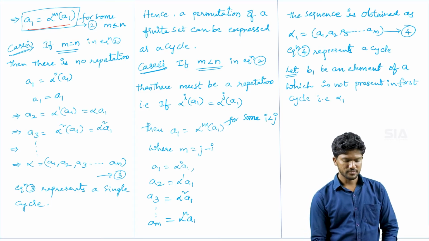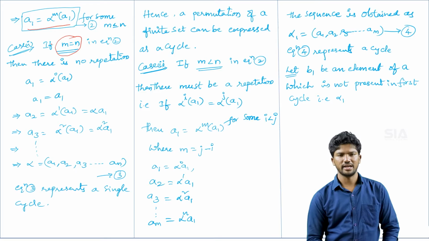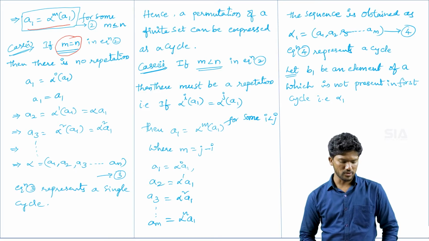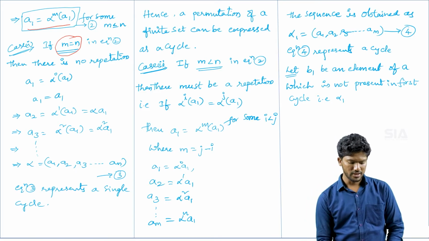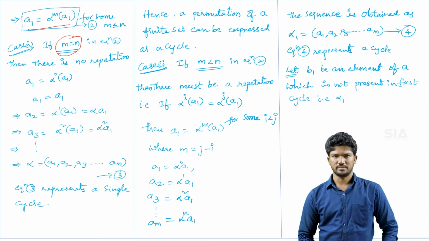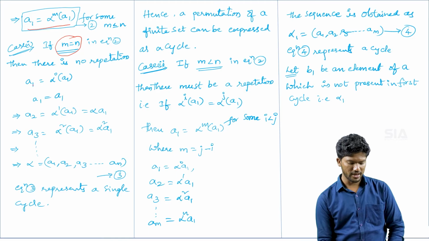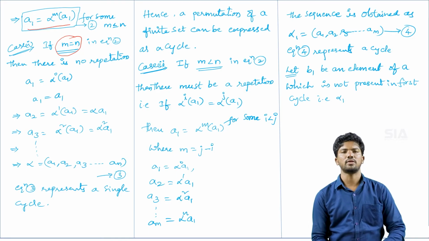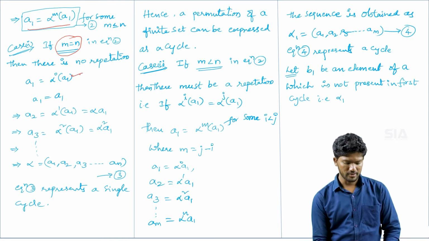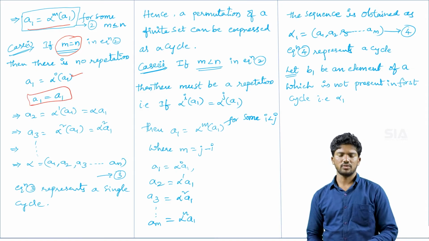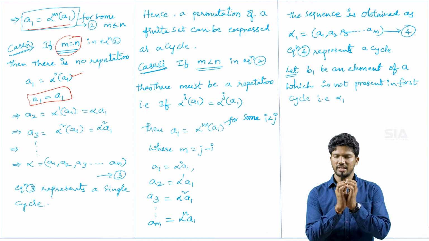Okay, case 1, if you take m is equal to n. Okay, if you take m is equal to n in equation number 2, then there is no repetition. That means m is equal to n means you can write A suffix 1 is equal to alpha power 0, A1. That is the first element. A1 is equal to A1. If you take m is equal to n in equation number 2, there is no repetition.